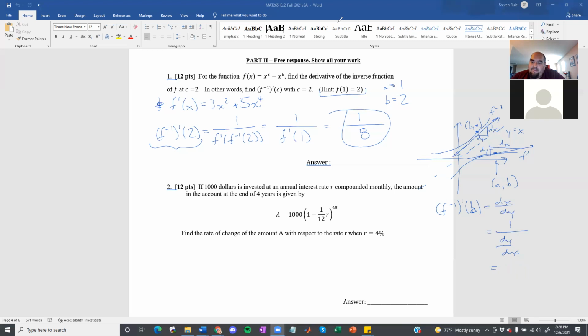Of b? No, it should be 1 over f prime of a, because basically that tangent line here on the bottom, that's where I got my dy dx from. So that's what the derivative is equal to at x equals a.